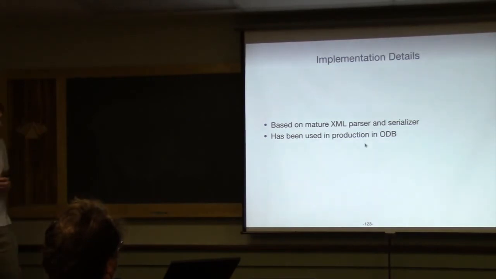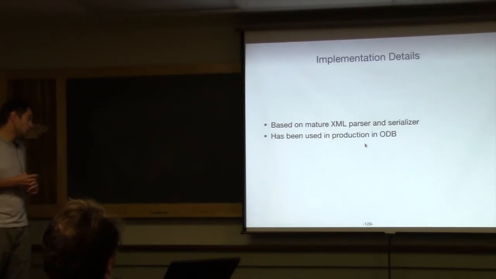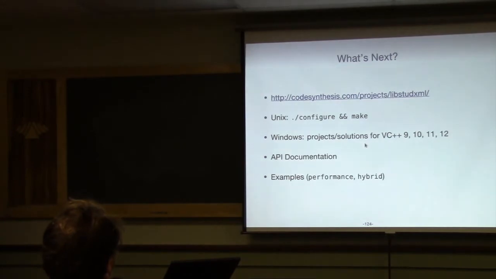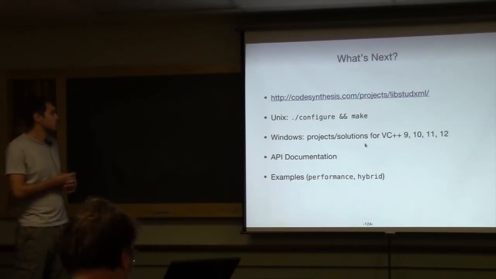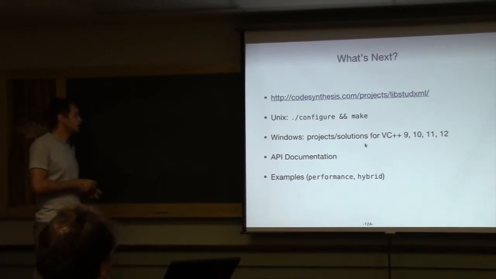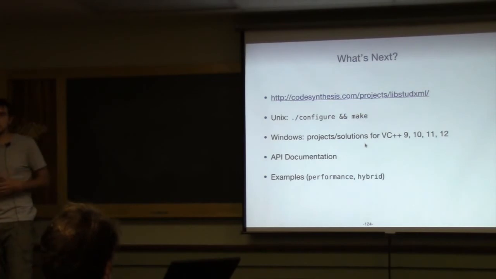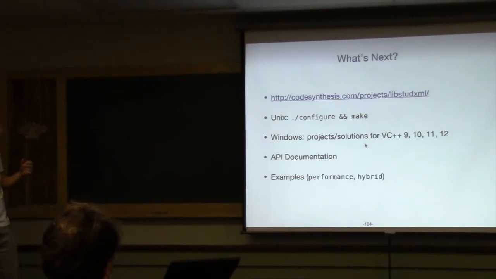So the library is based on mature XML parser and serializer code, and it's been used in production in ODB for quite some time now. What's next? If you want to give it a go, grab the source code. For building on Unix, configure and make. On Windows, we have project solutions for Visual Studio 9, 10, 11 and 12. And the thing is just relentless; every half a year you have to make a new one.